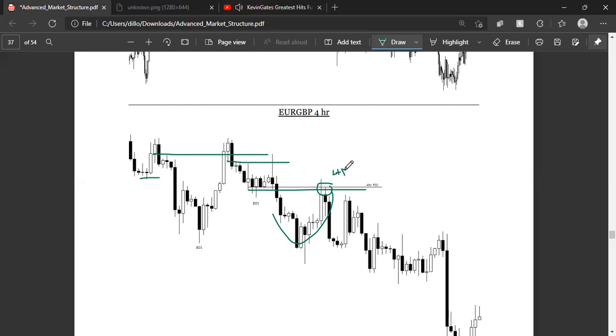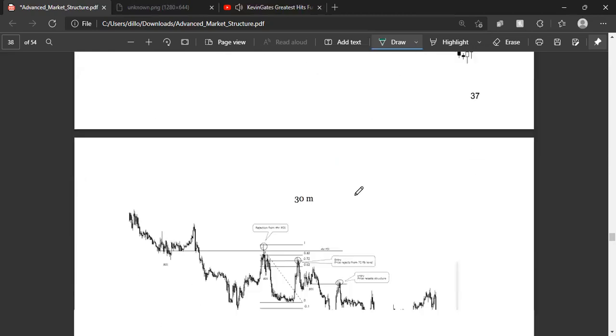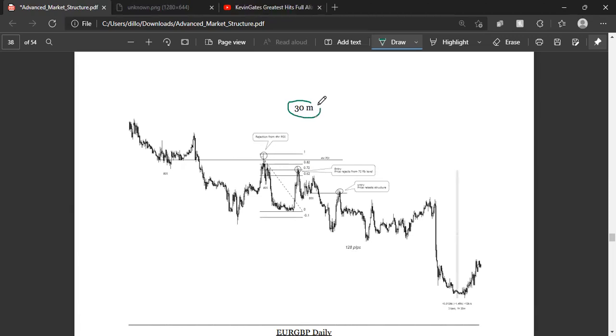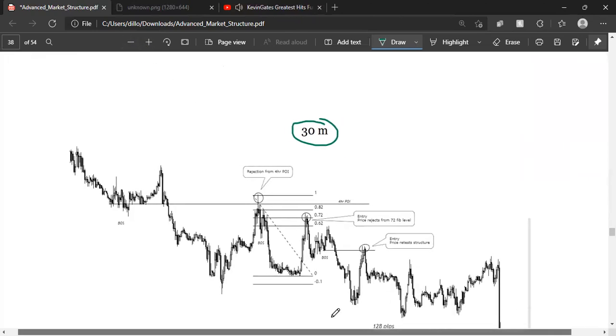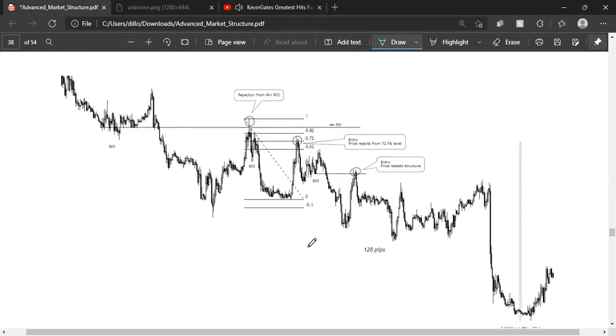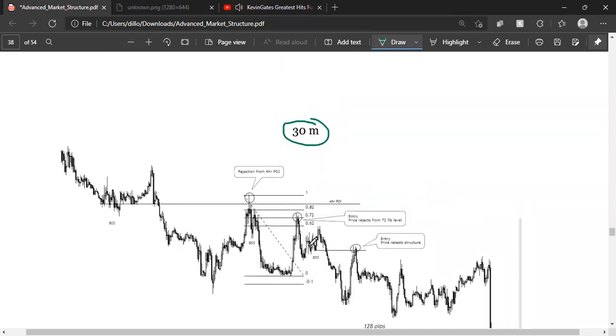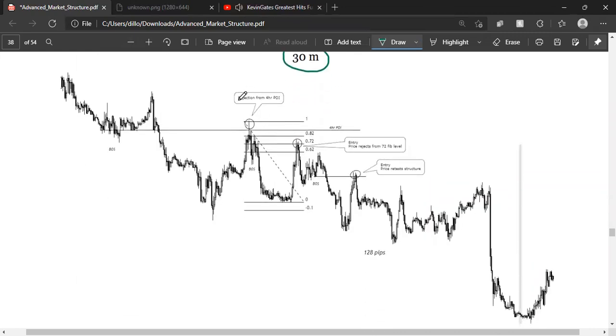We go down to a lower time frame in this area. So we go from the 4-hour and we drop down to the 30-minute time frame. And what do we see? So here is our rejection, right, from the 4-hour point of interest, which we see right here, this black line.